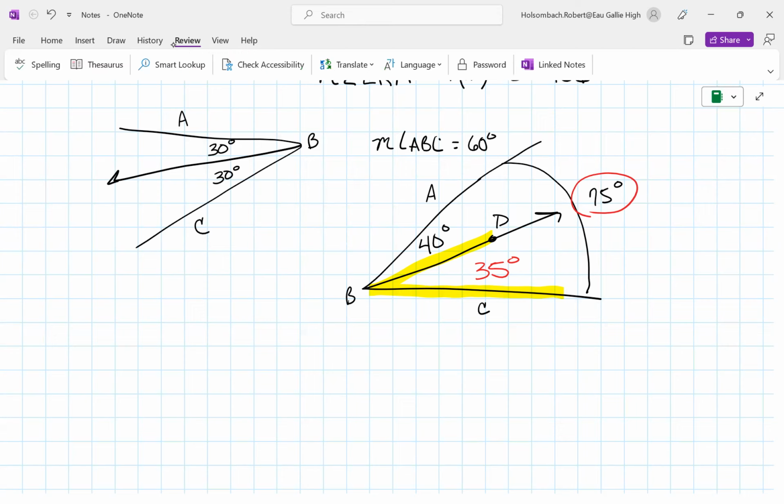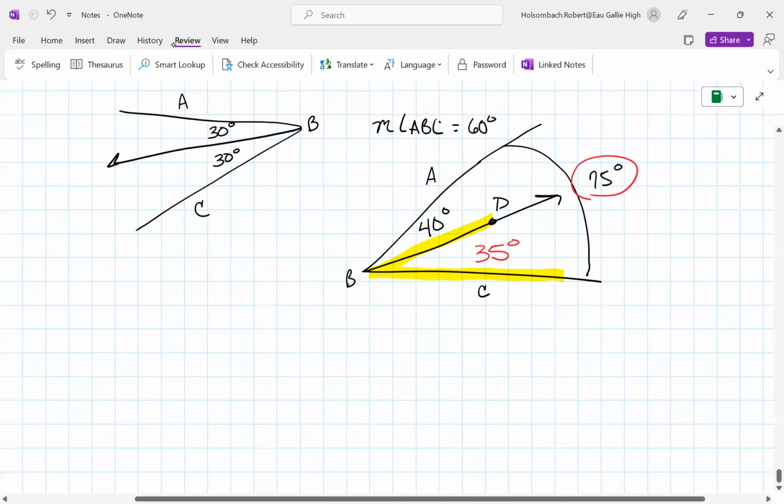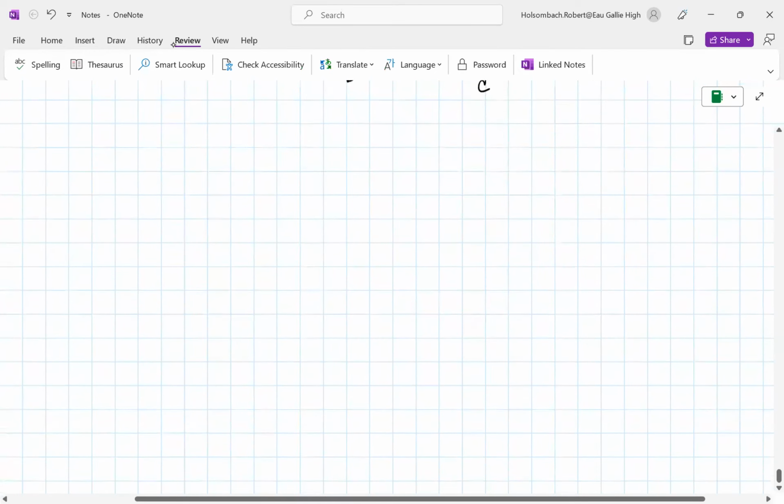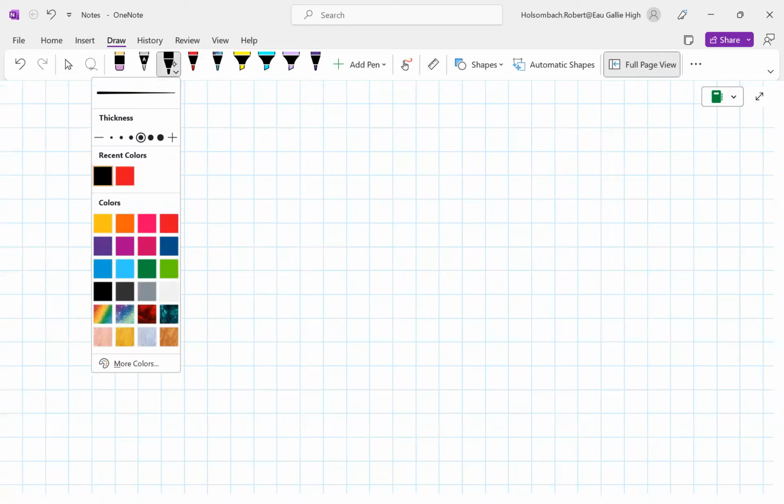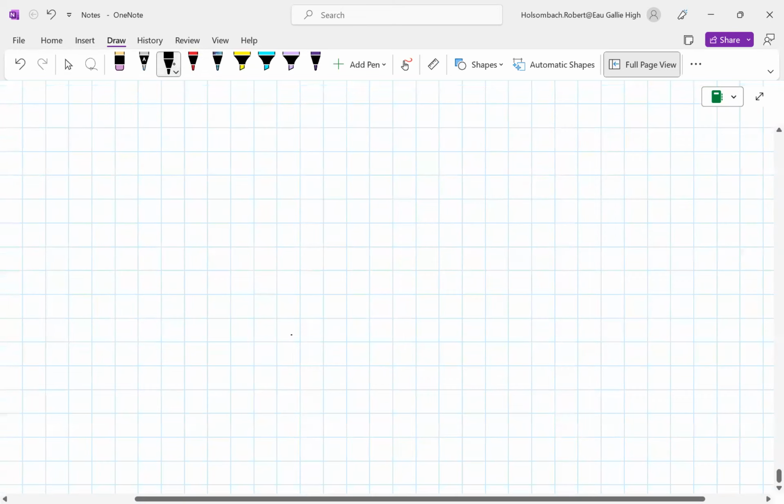So let's look at number 10 from yesterday's assignment. Same picture. So I'm going to draw that same picture. We've got JKL again.